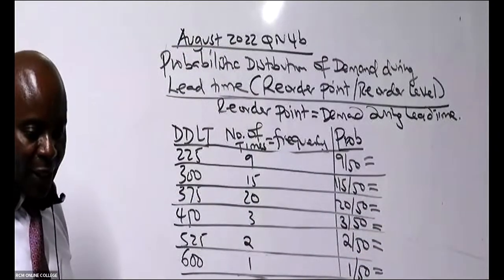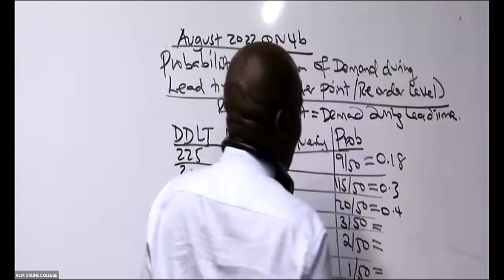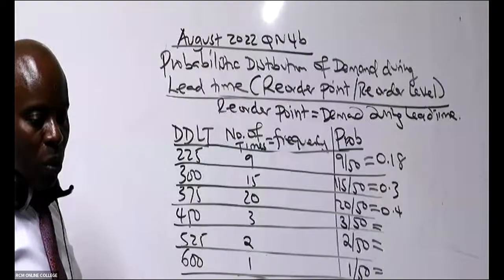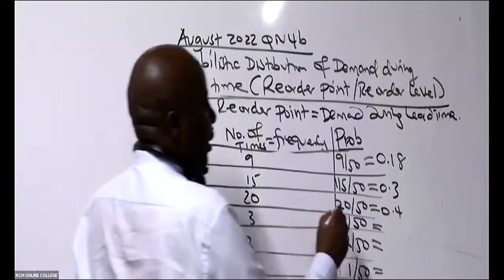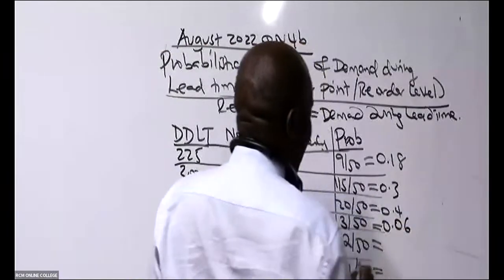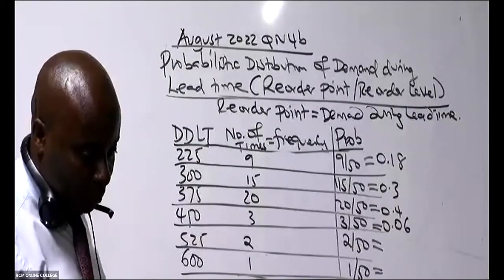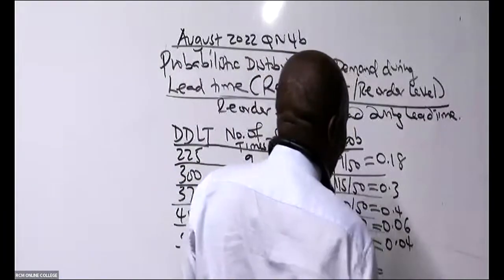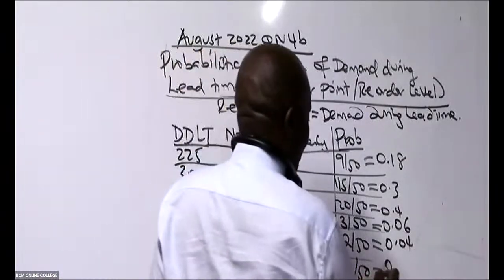So 0.18, 0.3, 0.4, 0.06. 2 over 50 will be 0.04, and then lastly 1 over 50 is 0.02.